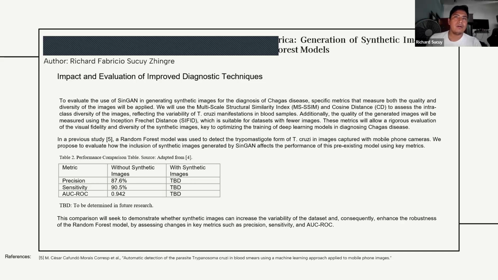Different from other GANs, which usually need a lot of images for training the discriminator and generator.